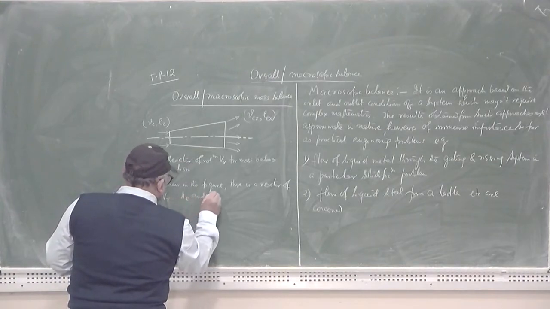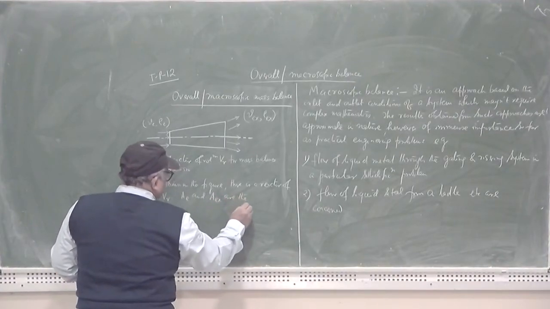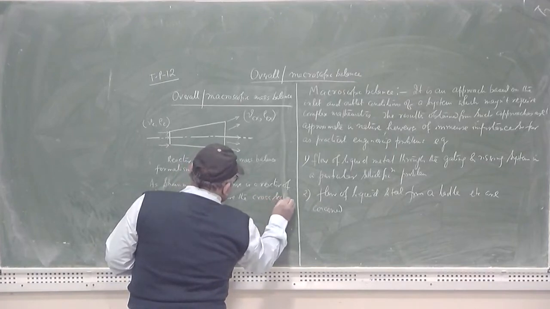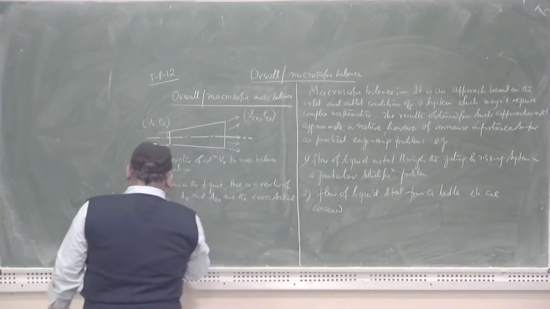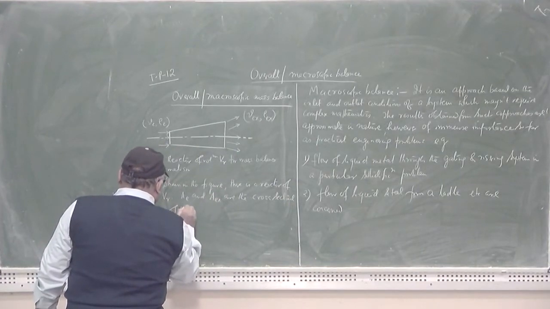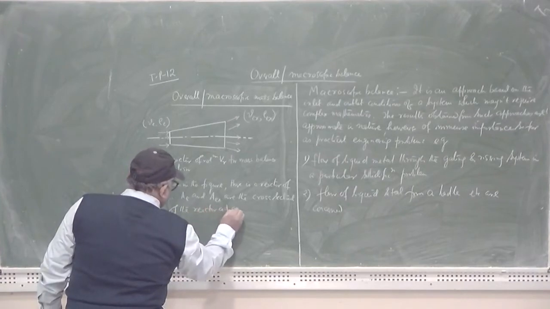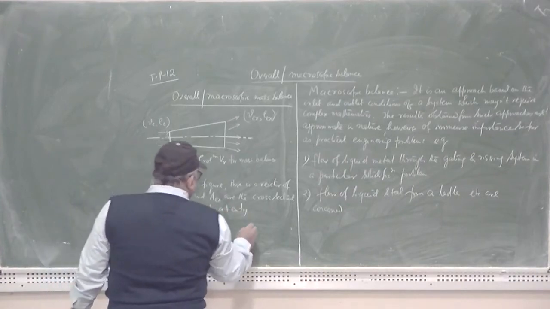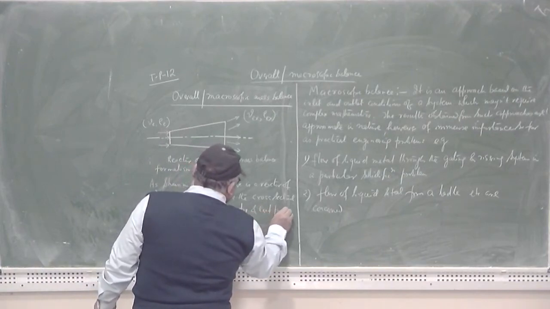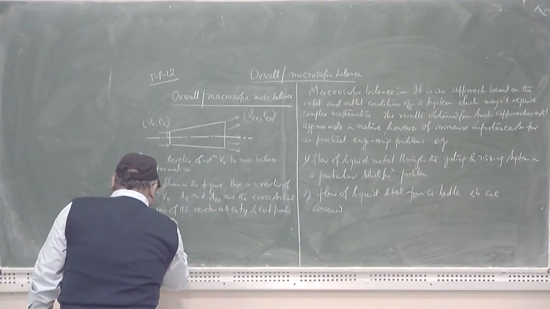AE and AEX are the cross sectional areas of the reactor at entry and exit points respectively.